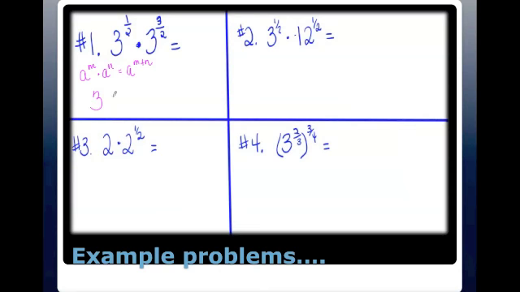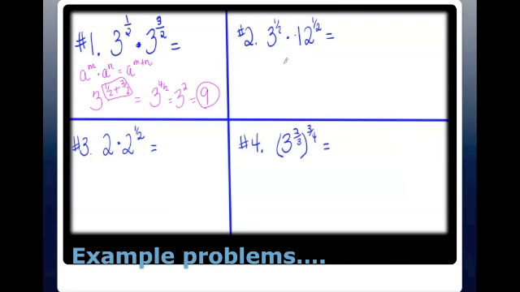So it'll be 3 to the 1/2 plus 3/2. When I add 1/2 to 3/2, I get 3 to the 4/2, which is 3 to the 2, so it's 9. Now remember that you have to have common denominators. Here we were fortunate and we already had common denominators, but if you didn't, you would have to get common denominators to add.